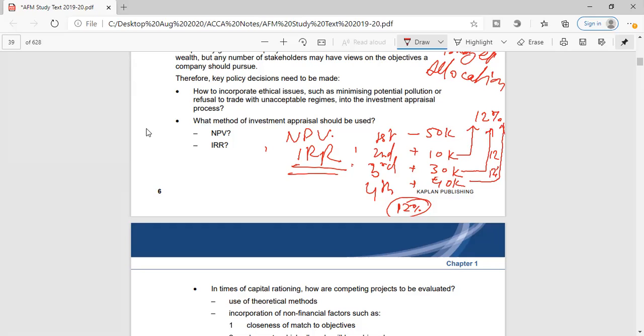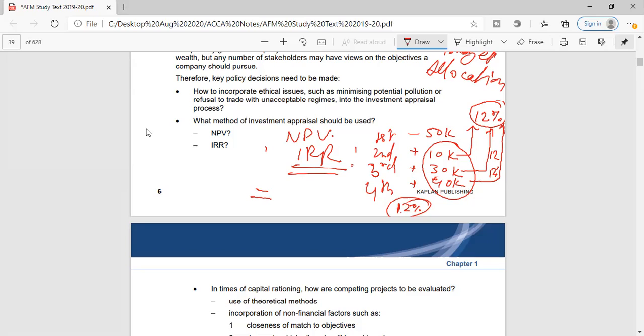So 12% should be the rate at which, if you invest everything, all three amounts should become 50,000 in terms of present value. So IRR is the rate at which the present value of cash inflow and outflow will be equal.